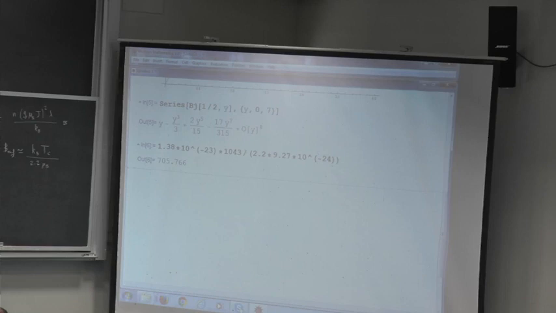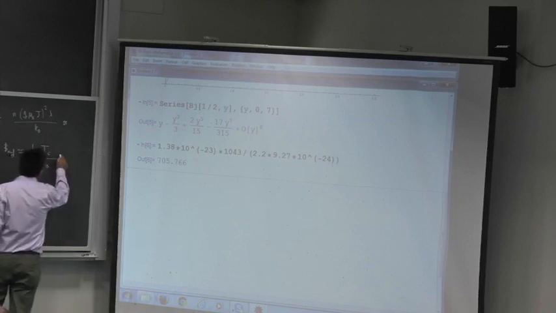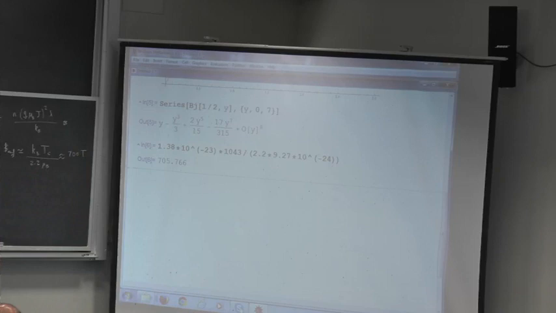This is the field that I get: about 700 Teslas. I can get a more accurate estimate if I use the proper values of J, etc. But this is the estimate of the field.